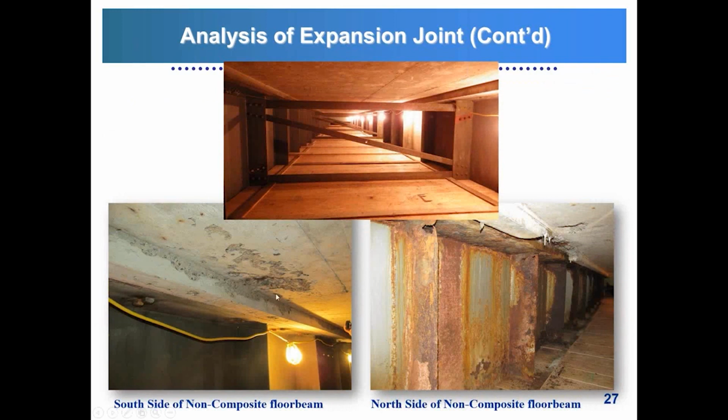Also the haunch and the deck, besides this small spall over here, are in very good condition on this side. Once you go to the north side, which is where the deck is free to slide over that top flange, you can see the level of deterioration over here: corrosion on the web stiffeners, the web and the flanges as well, and also damage to the haunch over there.